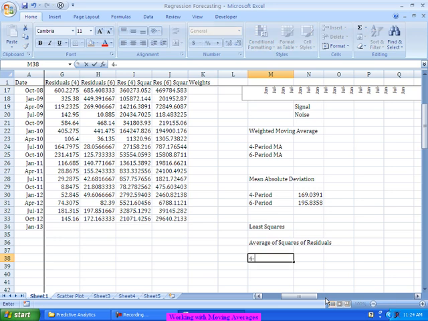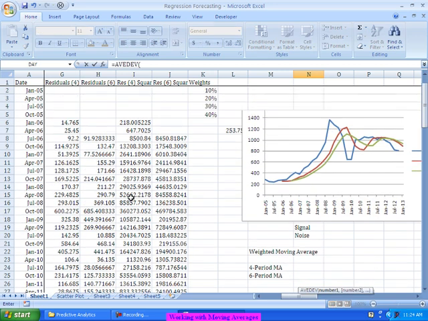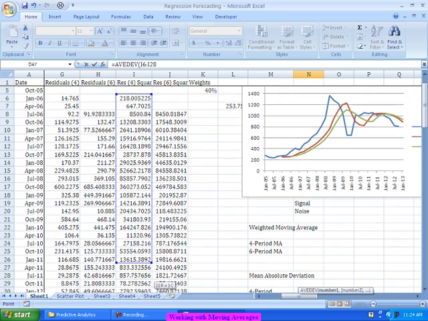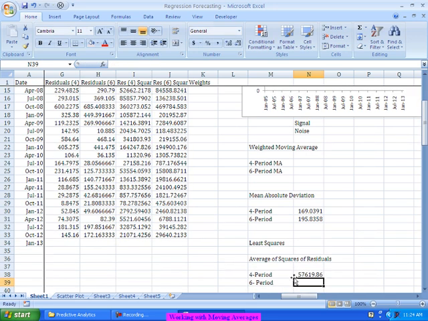I'll put it as 4 period as well as 6 period, which will give me directly the average of the squares of the residuals, giving me 57,000.